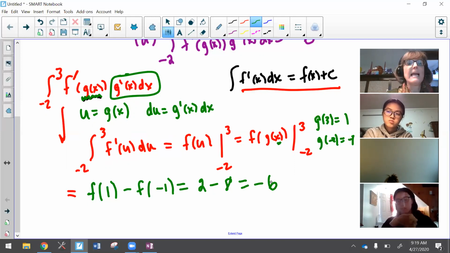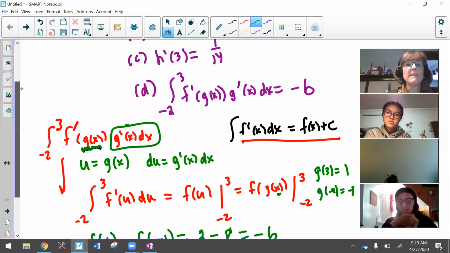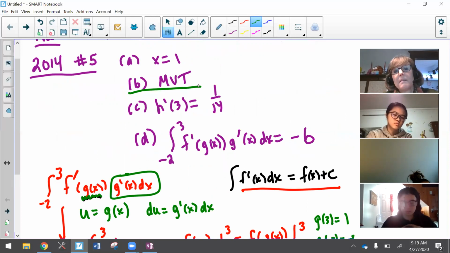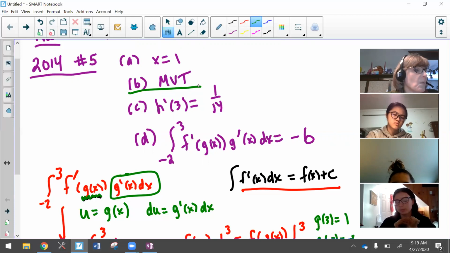I'd like to elaborate for just a minute on part B, because you can't just write mean value theorem. So part B says, explain why there must be a value C for -1 less than C less than 1, such that f double prime of C is equal to 0.